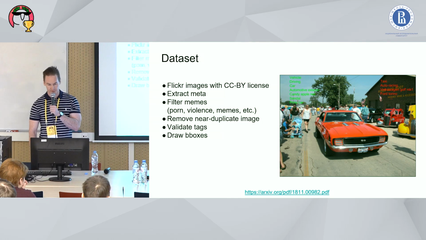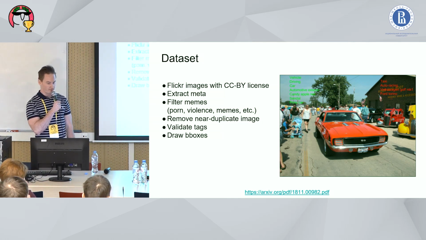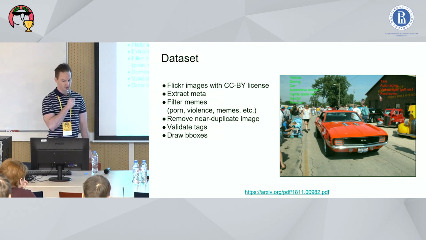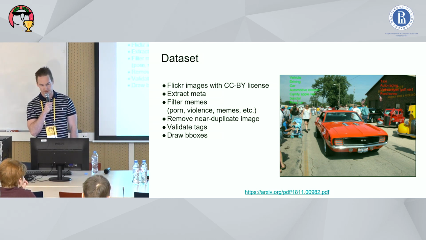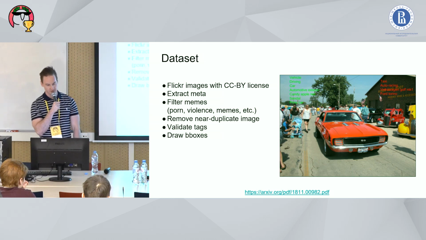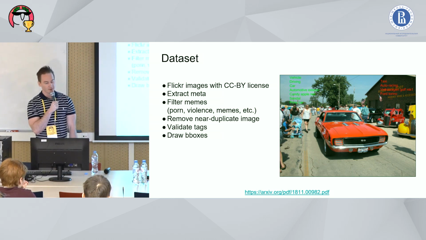Okay, so about the dataset. It was collected from Flickr. The organizers of this competition selected the images with a CC BY license. That means that you can use pre-trained models trained on these images in production. It's very important because, well, it's Open Images.